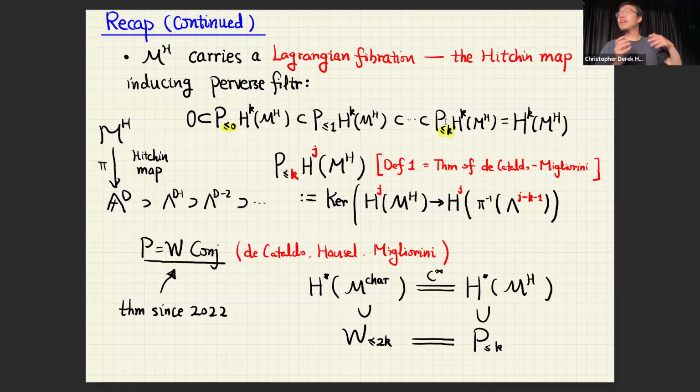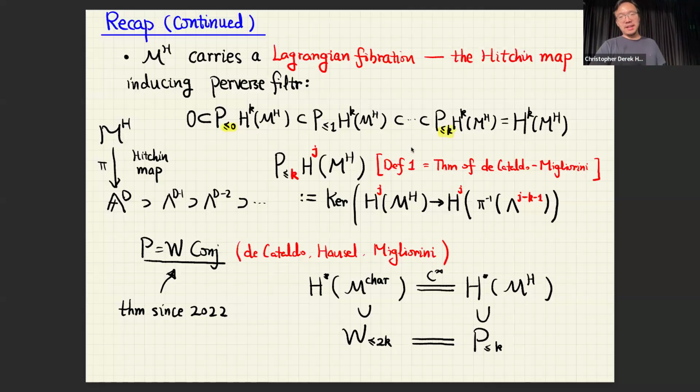For the character variety, the small weights will not appear because of smoothness, but here it is not so obvious that the small perversity classes will not show up. This is probably the first place where you see the non-triviality of this correspondence, this dictionary, when you translate information from one side to the other.